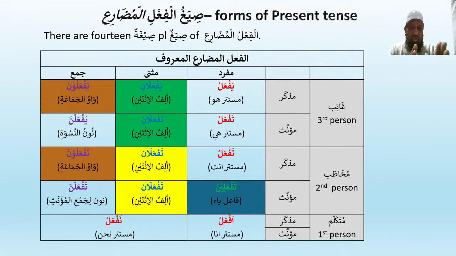But now the thubutun noon is the sign of fi'l mudari' being in marfu case. So when we do i'rab, we say thubutun noon wa alamatu raf'ihi thubutun noon. Why? لأنه من الأفعال الخمسة, because it's from the 5 sigas of فعل المضارع.